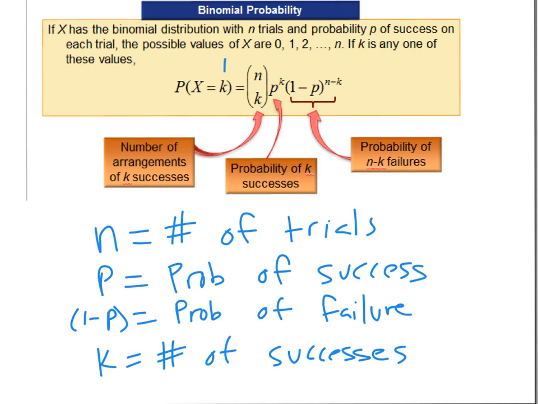This is just kind of a shorthand way to say 4 choose 1. And then I had said probability of success was a 6th. And I was talking about one of those. Failure was 5 over 6. And we were talking about 3 of those.